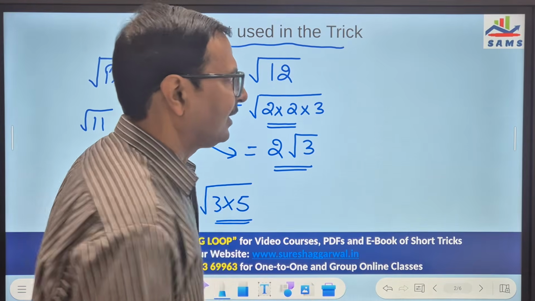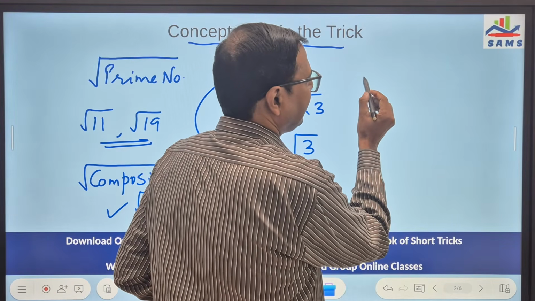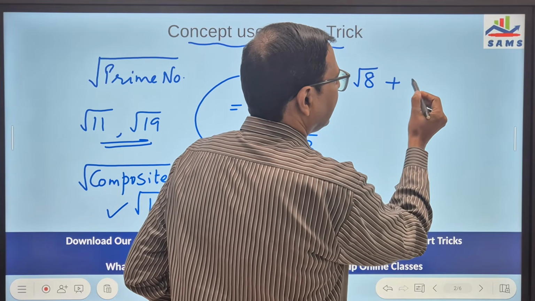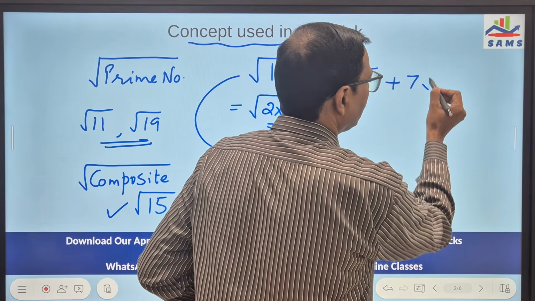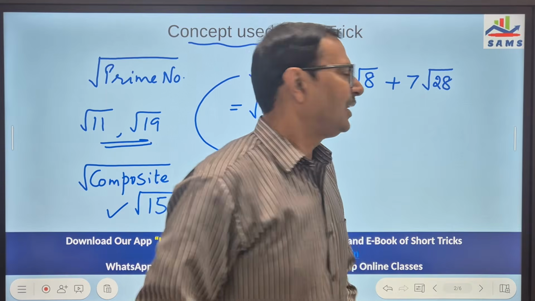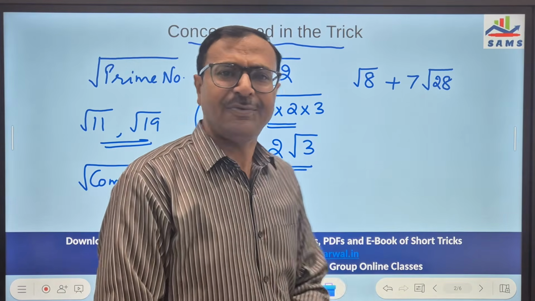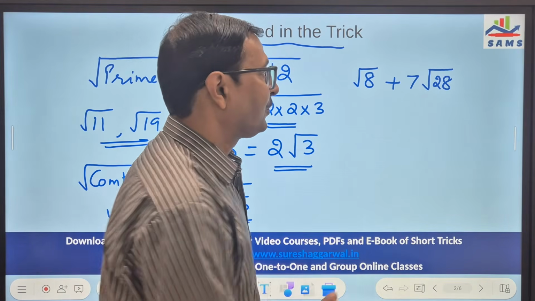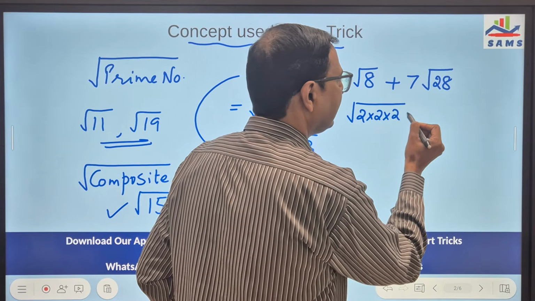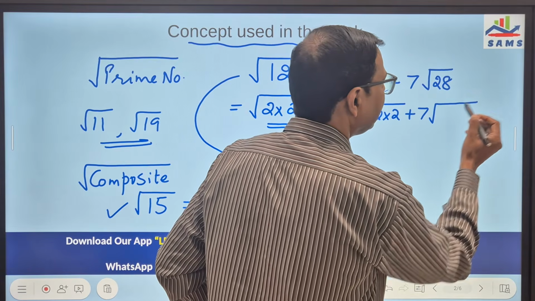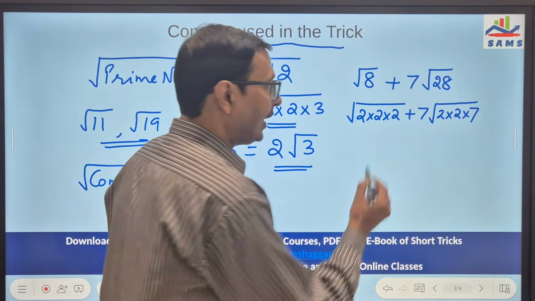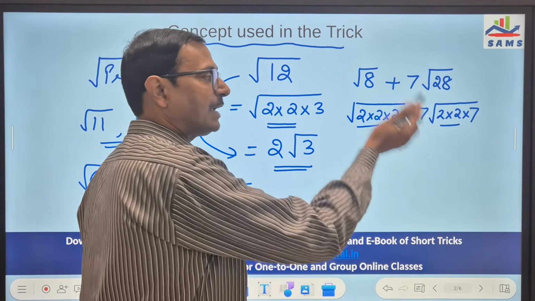These are some of the very basic things in handling the square roots. One more very important thing. Now suppose you have something like root 8, and we want to add 7 root 28. Now can they be added? We can't add them directly, right? But root 8 is root 2 times 2 times 2, and 7 times root 28 is 2 times 2 is 4, 4 times 7 is 28. Now I see some pairs of factors which I can bring out.